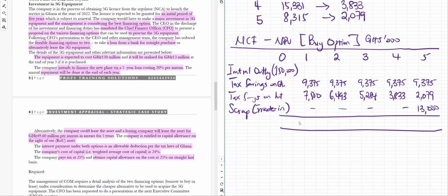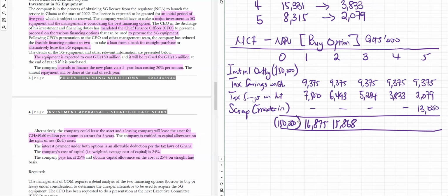So we have 150,000 as an outflow at the start of the period. Then the rest were all inflows. We have 9,375 plus 7,500, which gives us 16,875. Then 9,375 plus 6,493 gives us 15,868.